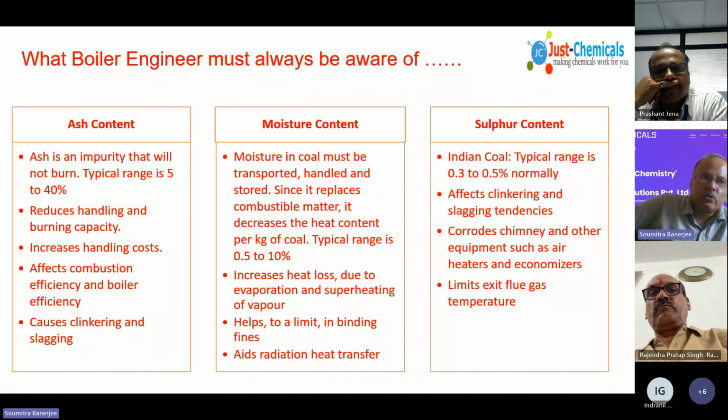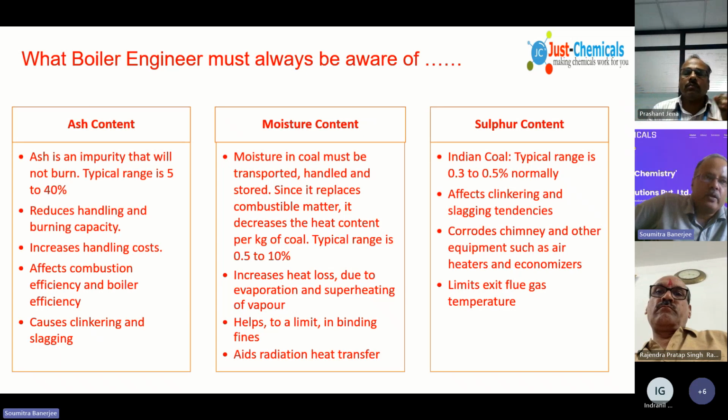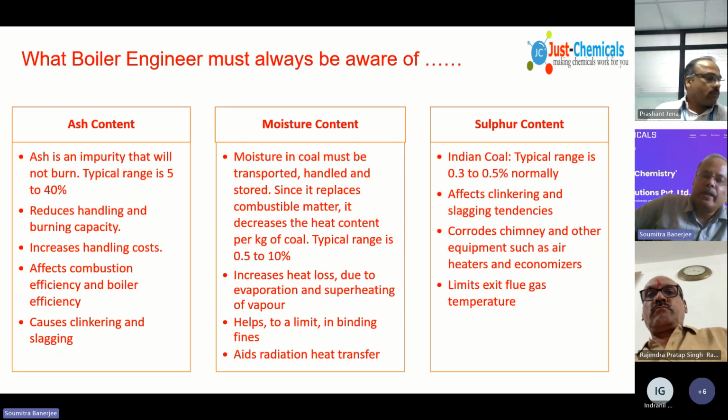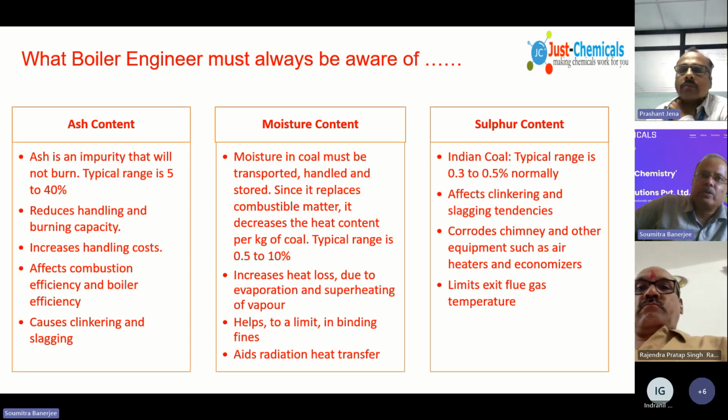Not only the loss of transportation, but also the loss as it takes away the latent heat of evaporation from the furnace. So it is hardly transferred into any of the heat exchangers or pipes. The latent heat of evaporation will be away with the vapors which are going away from the boiler.